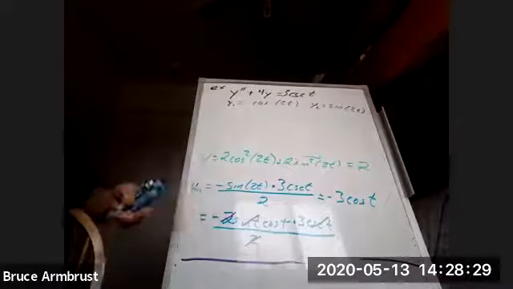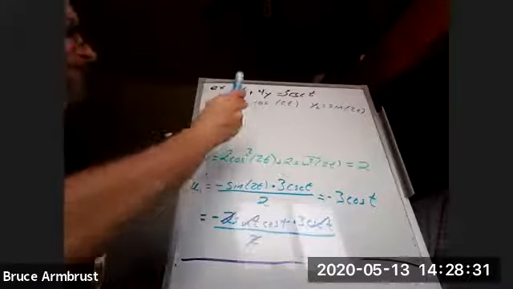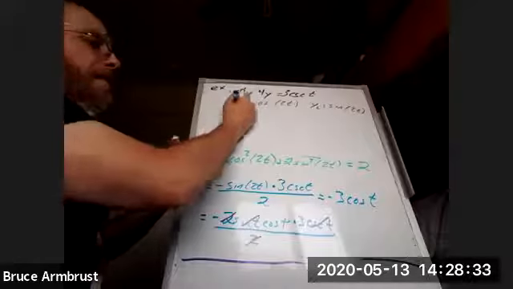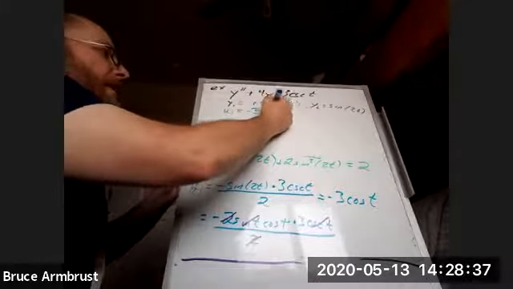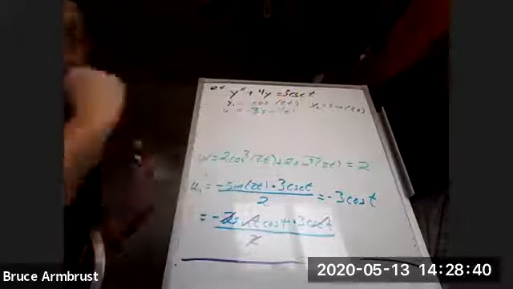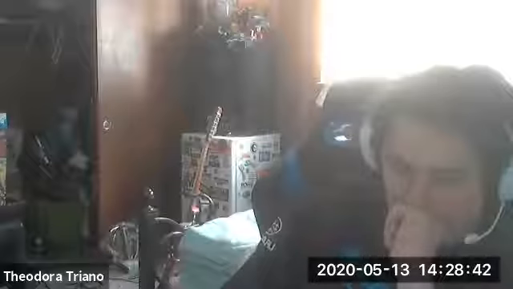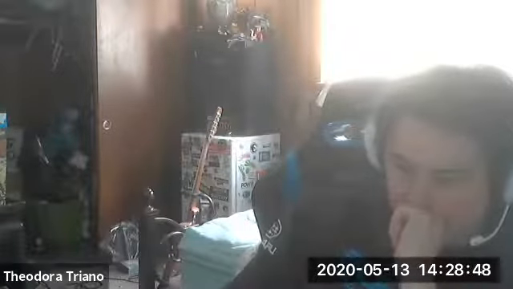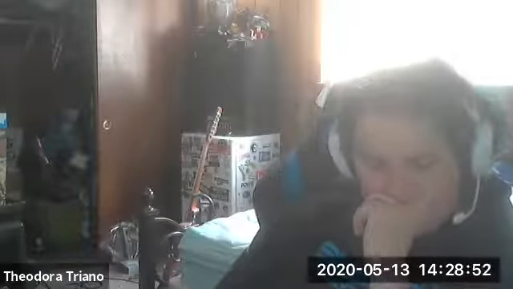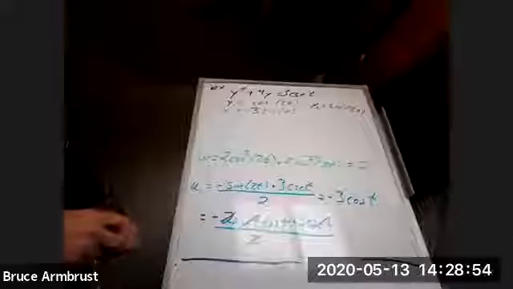So it's really easy to get U1 then. U1 is just the integral of that. So U1 is 3 minus 3 sine of t. All right, so there's U1.